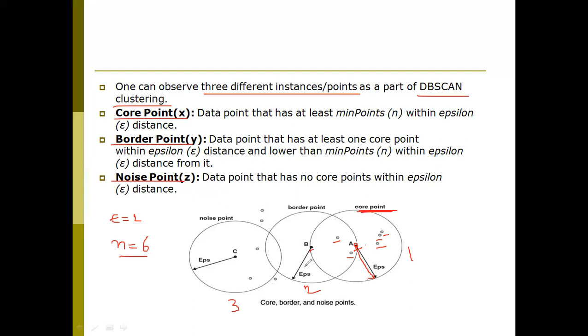Again, start counting whether it has 6 or more than 6 data points or not. If it does, cluster 2 is also called a core cluster. But if you observe cluster 2, we didn't have 6 data points, only a few data points. What are those?